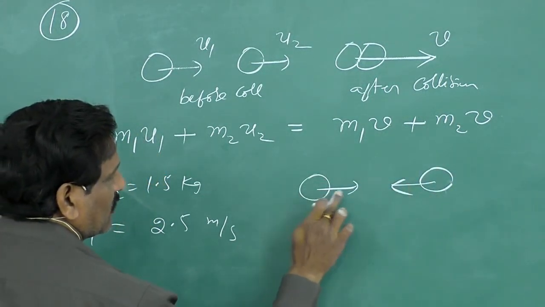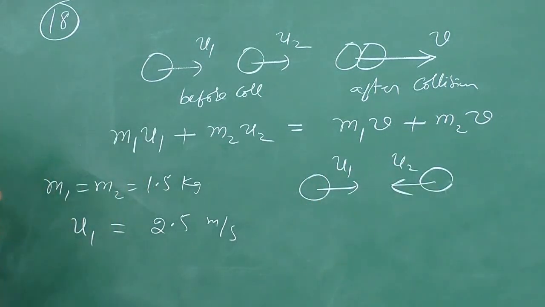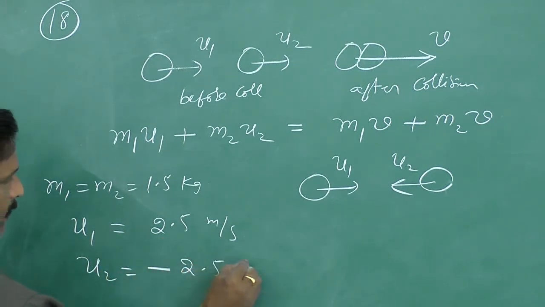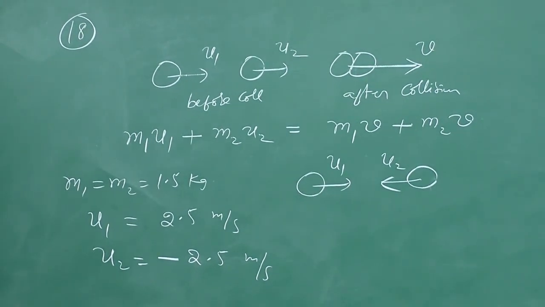So if you take the velocity of the first body as positive u1, then velocity of the second body is negative. So u1 is 2.5, then u2 is minus 2.5. Magnitudes of the velocities are same, but they move in opposite directions before collision. Hence, if you take the velocity of the first body as positive, velocity of the second body should be negative, like this. And we have to calculate the common velocity, that is v.